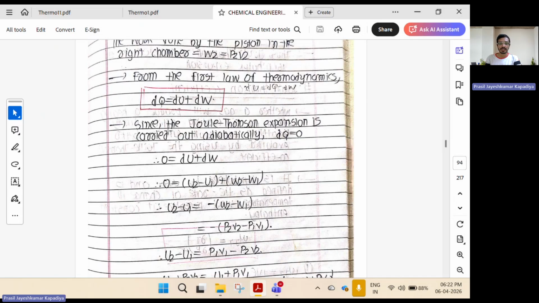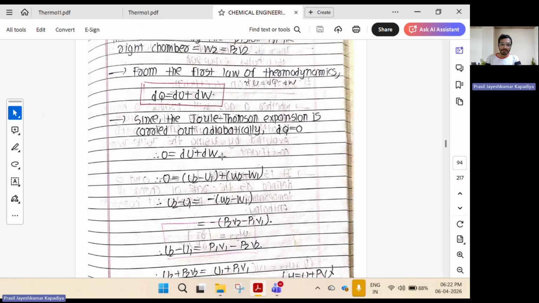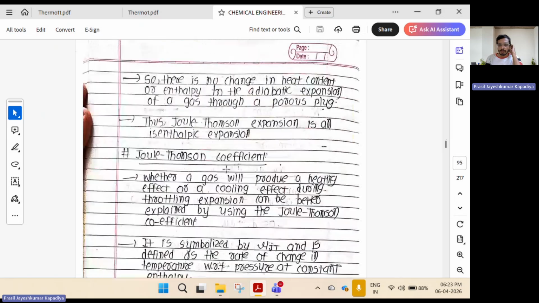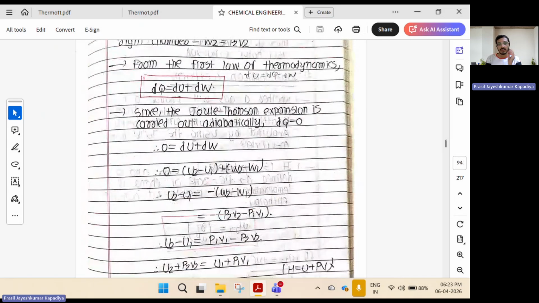If you take work done by the system negative, here it will be minus P1 V1, here minus P2 V2, then automatically it will cover up. So 0 is equal to dU plus dW. So U2 minus U1 is equal to negative of W2 minus W1, or positive of W2 minus W1.